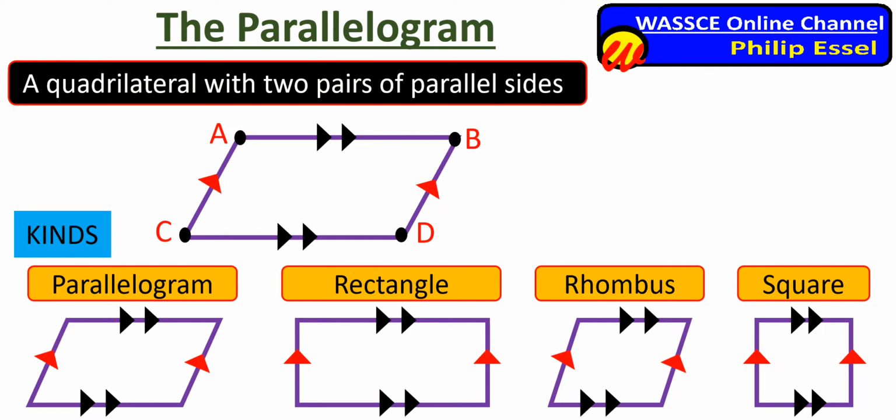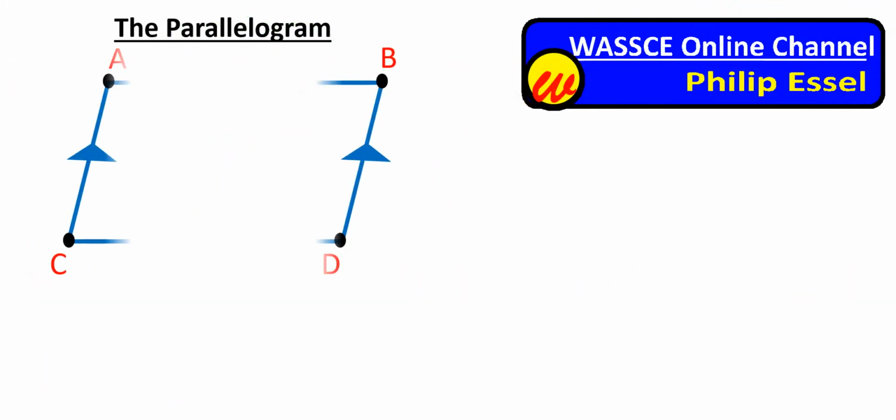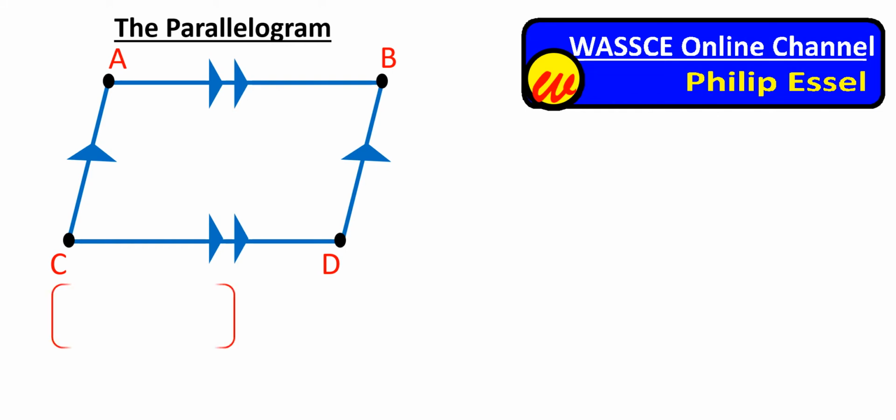Now let's look at the features of a typical parallelogram. The drawing or the four-sided figure that we all know to be a parallelogram. Let's look at its features. So we have our parallelogram ABCD. So for this parallelogram, let's look at the following features.